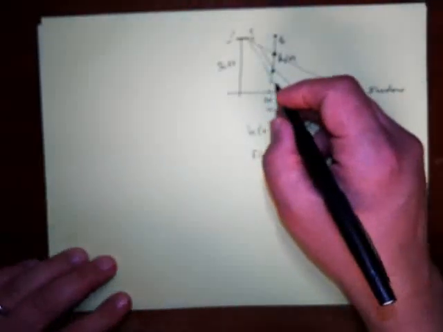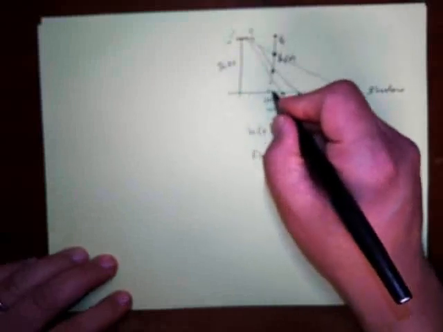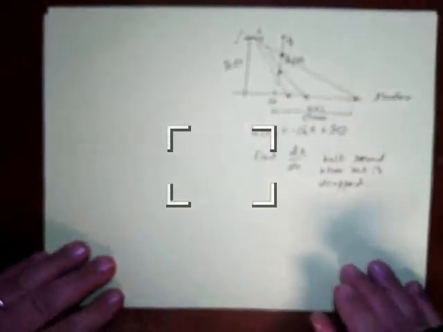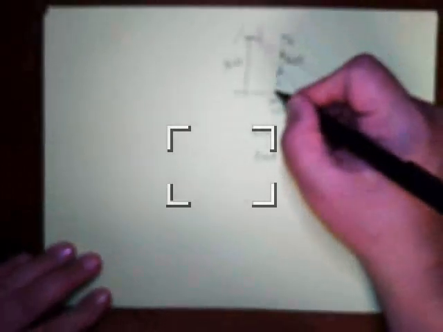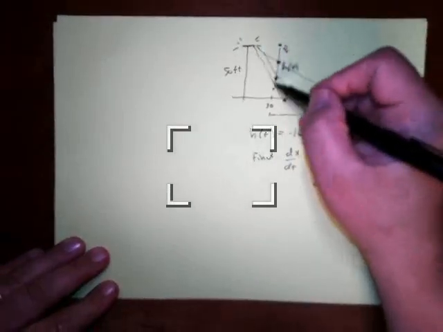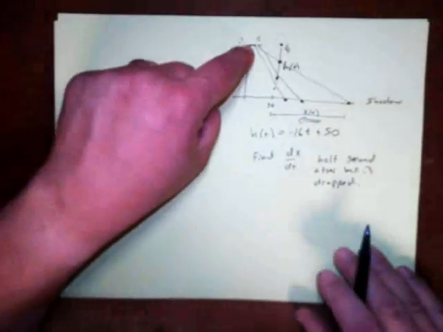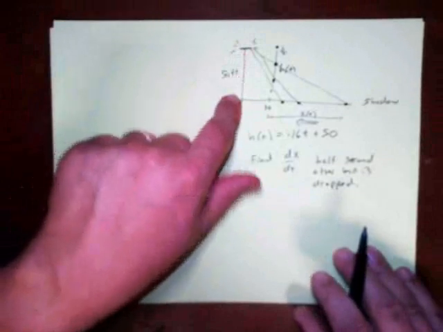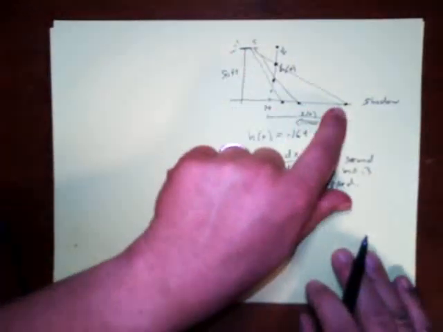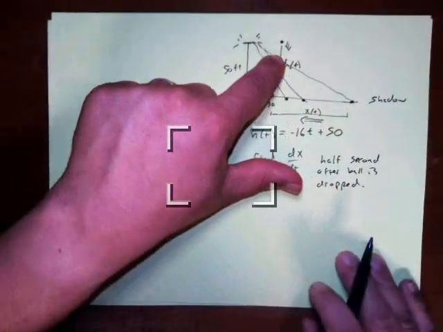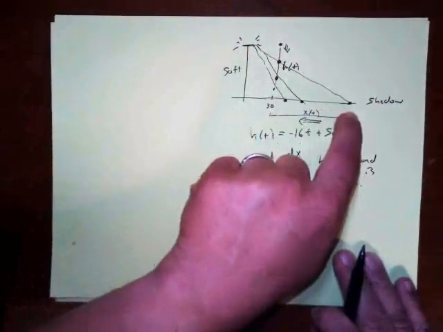Some important things here. This is 30 feet away, so the distance from here to here would be 30 plus whatever the x is. Now for this triangle, you have two similar triangles where 50 is to this length as the height is to the x length.